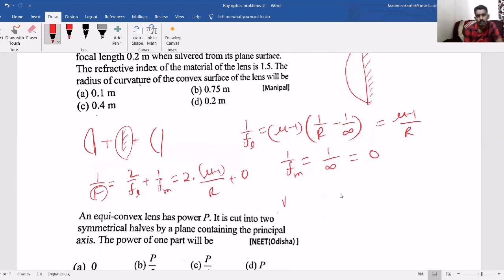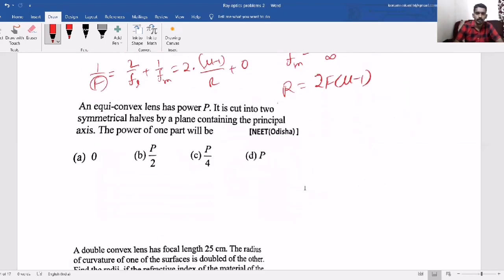So from here, the radius of curvature they are asking: r equal to 2f into mu minus 1. So mu value given, f value given, and you can find r value. So as I said, they can also ask question based on the silvering of a lens. So here the question is about silvering of lens.